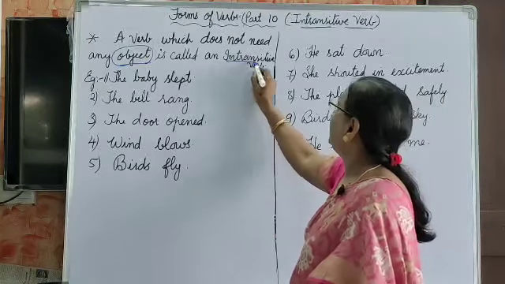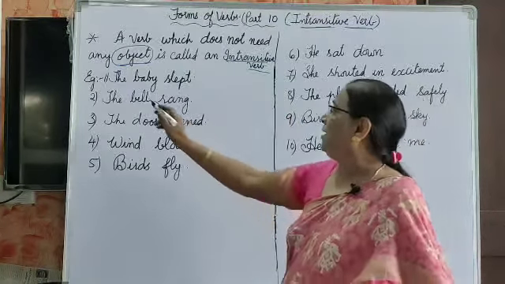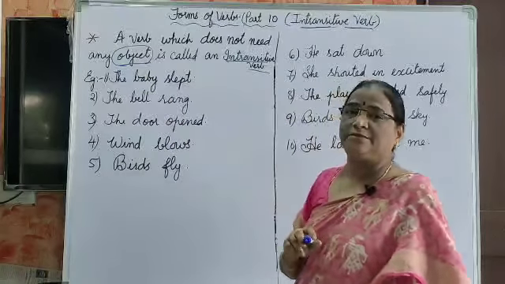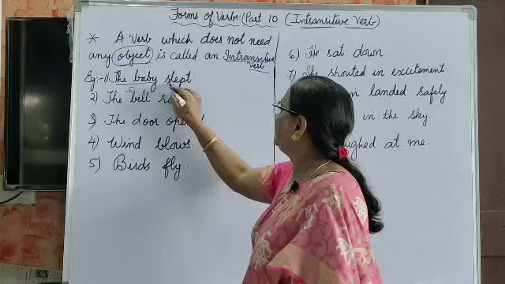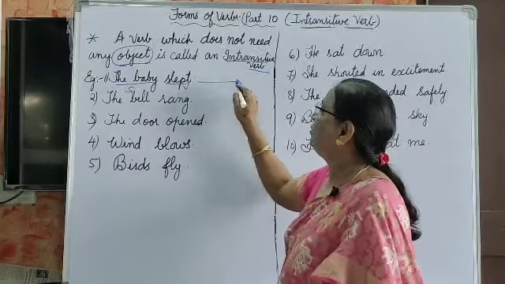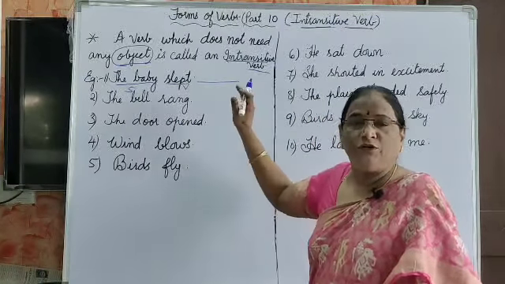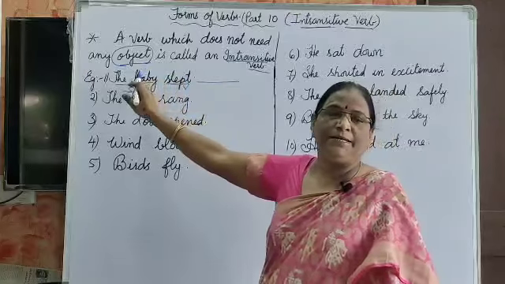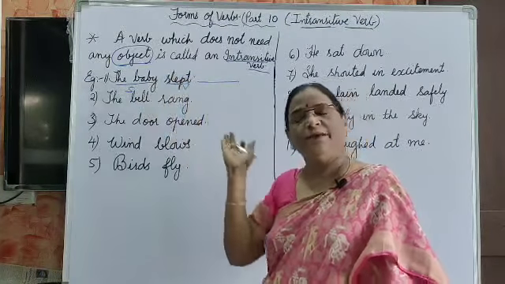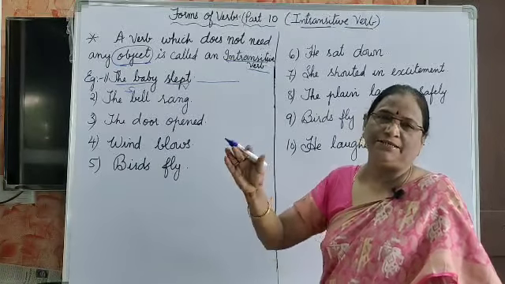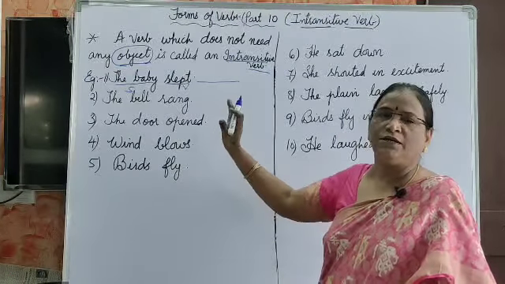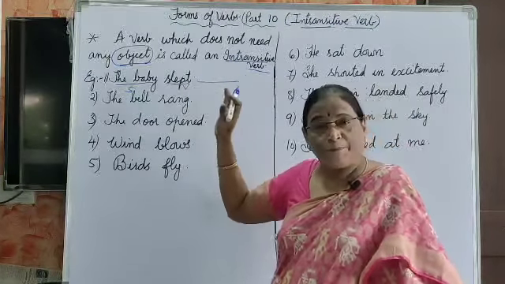It's called intransitive verb. For example, the baby slept. See, the baby is a subject and slept is the verb. We don't have any object here. Though we don't have any object, it is a complete meaningful sentence. The baby slept, complete meaning, subject plus verb, that's all. It does not require any object.